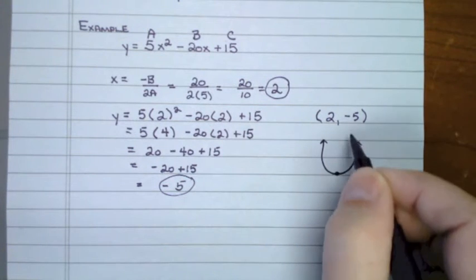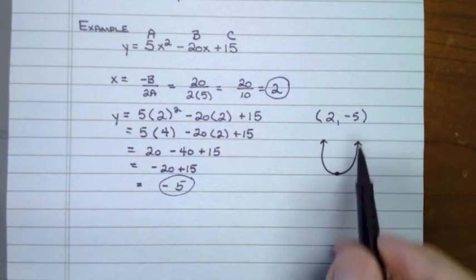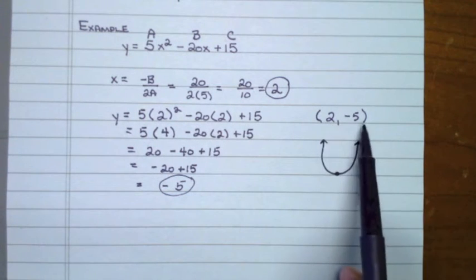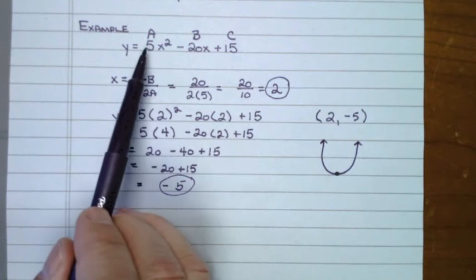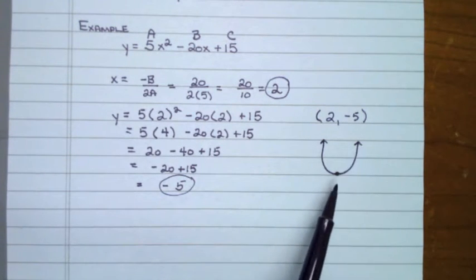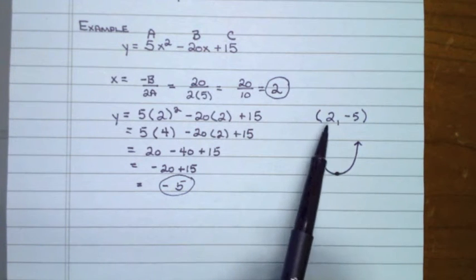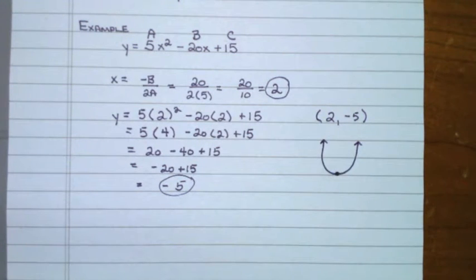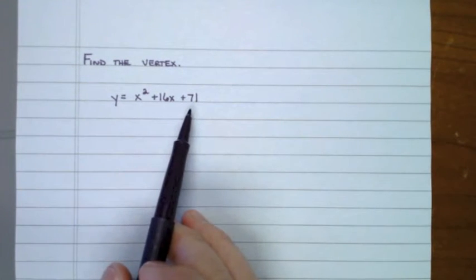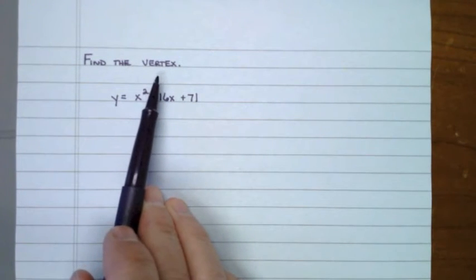And this point right here will be 2, negative 5 once I get to the point of graphing it. Right now we're just finding out what the vertex is and using the fact that this is positive. That means my graph is going to look like this, and this point right down here is going to be 2, negative 5.